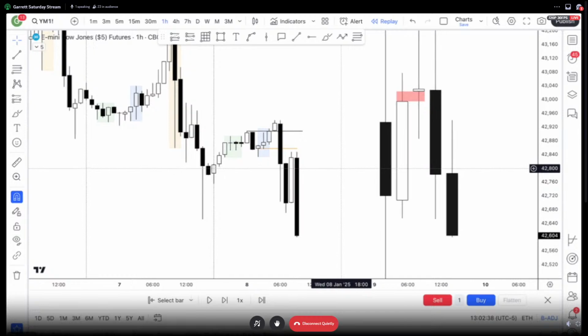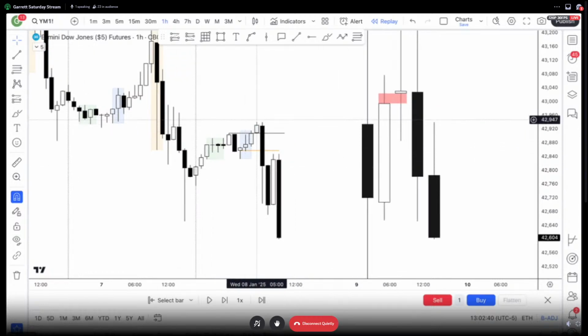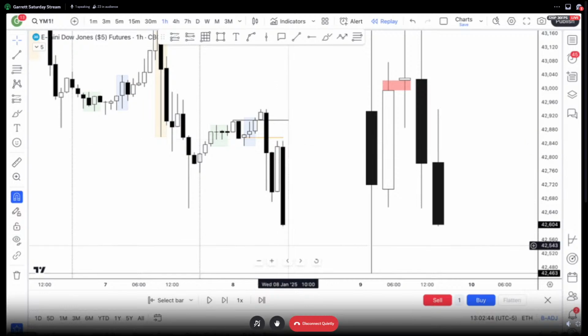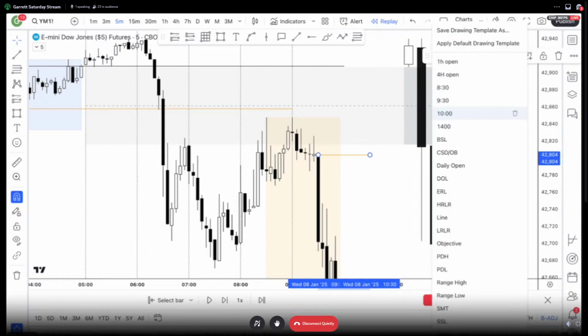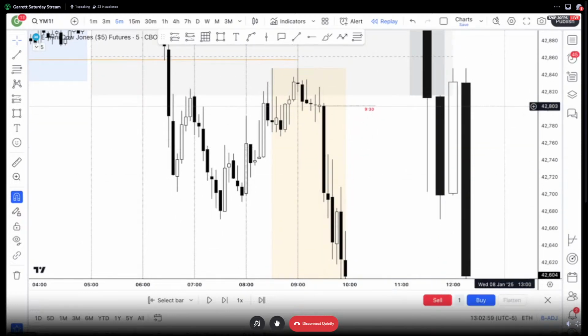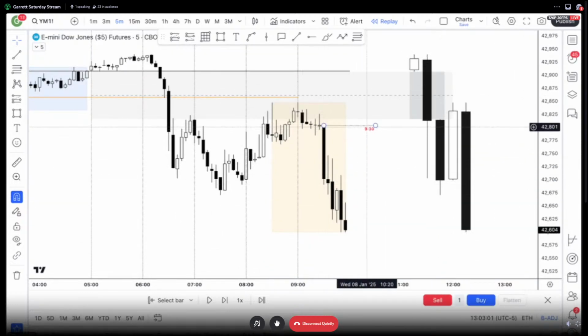So again, the confirmation to this being the high of the day is when 9:30 expands away from it, and we're also in this fair value gap here. So 9:30 is right here. It just expands away, but I can't really get an entry right here. It just moves too quick without me.